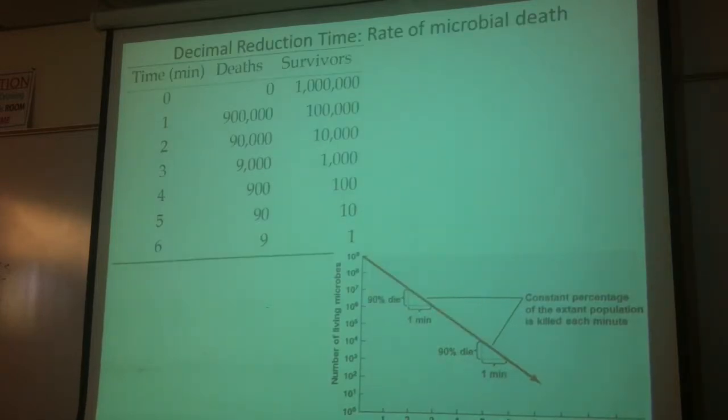Okay. This was something that was confusing in the book, because they talk about going from 90%, from 1 billion to 100 million. But if you think about it, you have 1 million, you drop down, you have 900,000 deaths, that's 90%. It still means you're going to have 100,000 microbes alive.